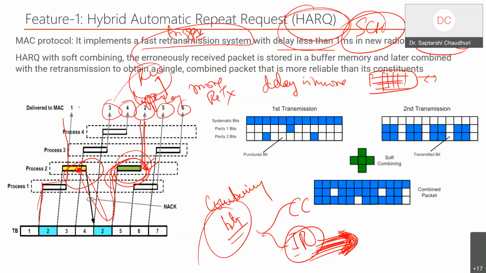The packets were sent from the base station, or either side, as 1, 2, 3, 4. So what the RLC gets is 1, 3, 4. Now you remember I was talking about reordering. We have to reorder this once more, so that after 1 comes 2, and after 2 comes 3.